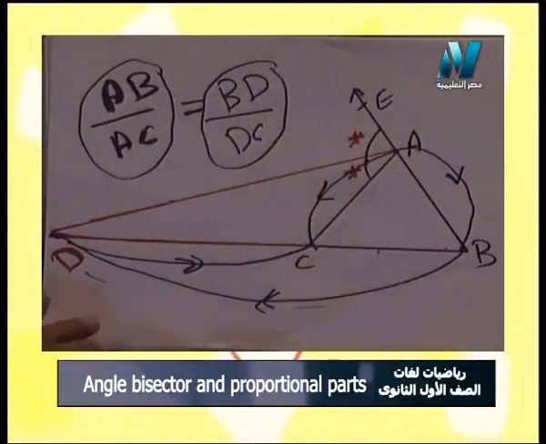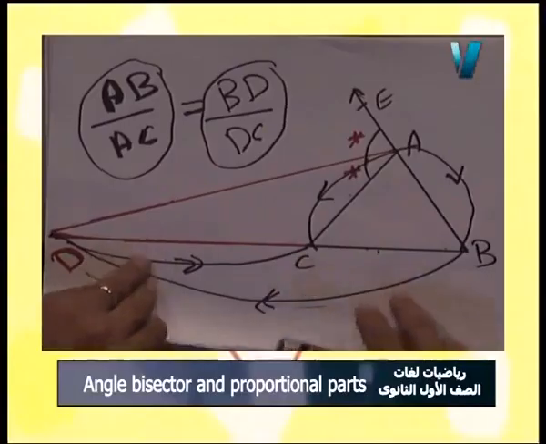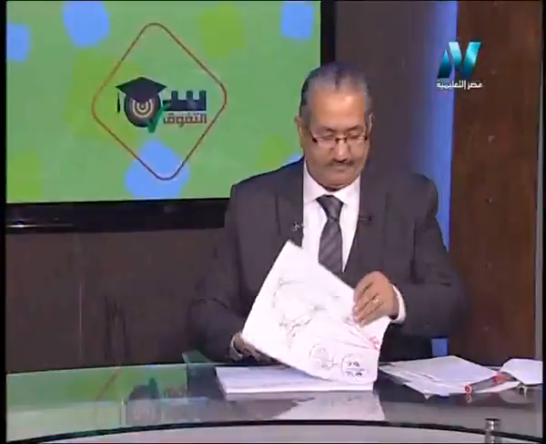So we have now two proportionals. Yes, my dear students, so we have two triangles. The triangle has a bisector from inside, we call it an interior bisector, and if it has a bisector from exterior, we call it an exterior bisector, and we write the proportional to it.